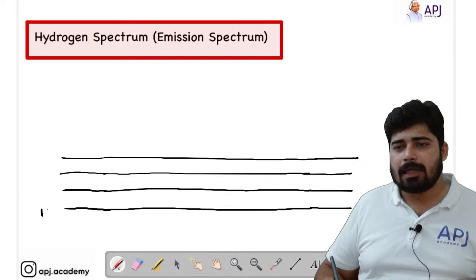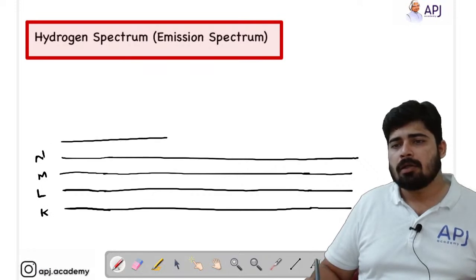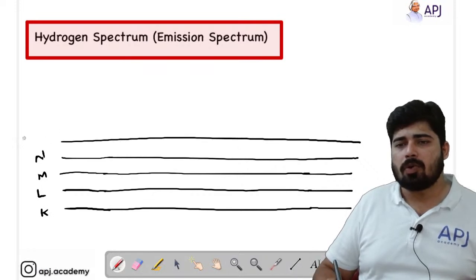So first shell is K shell, L shell, M shell, N shell. Now, this is O shell.